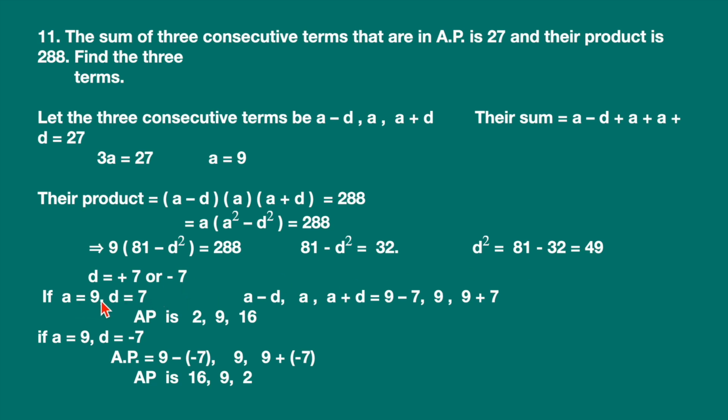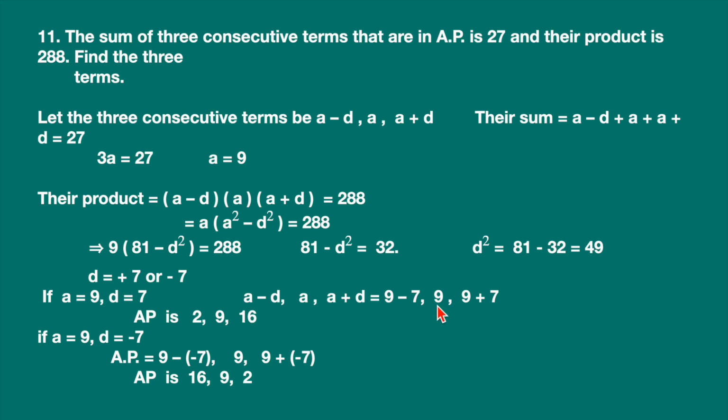Supposing a is 9 and d is plus 7. Now you substitute in these 3 terms. So a minus d, that is 9 minus 7, comma, 9, comma, 9 plus 7.